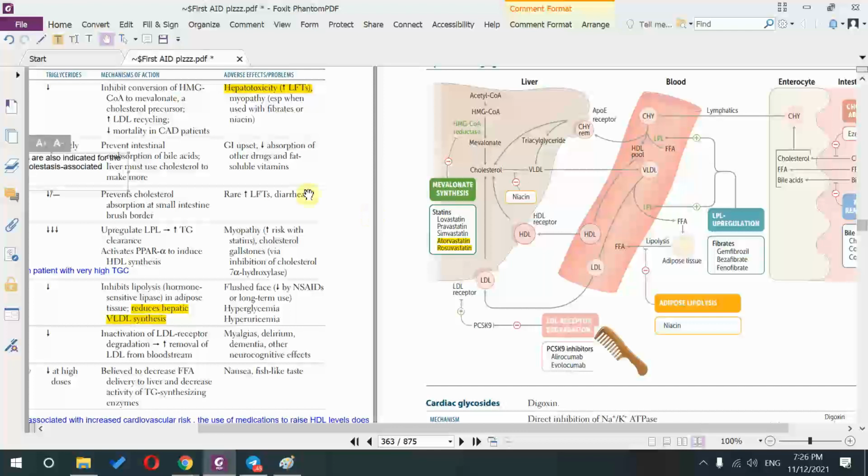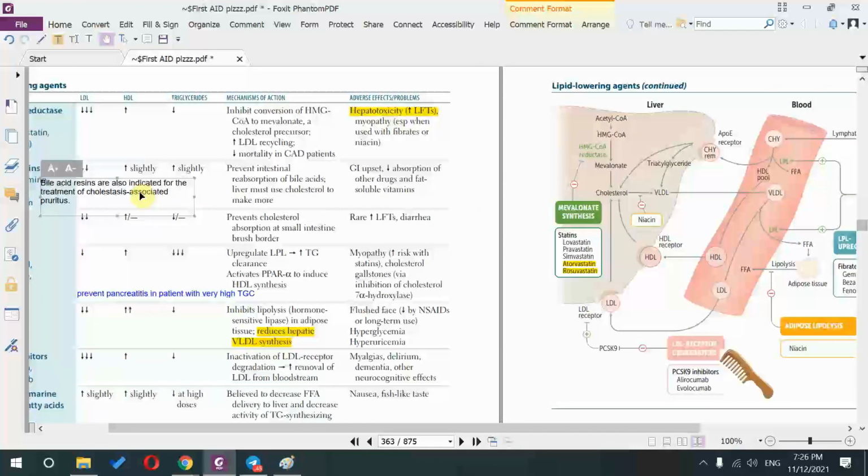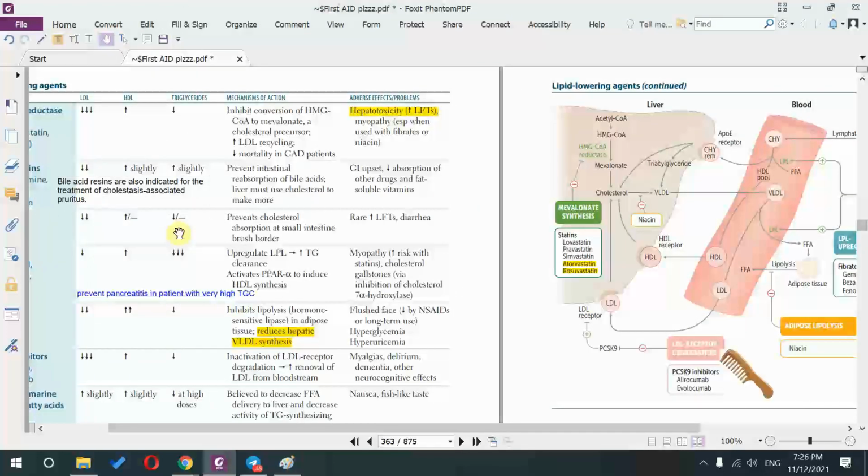Basically your liver consumes cholesterol to make bile acids, which then will be combined with a little bit of bilirubin, and that will create what? The bile, okay? And if you do not have bile acids, your liver must use more cholesterol to make more. So you will lose more cholesterol.